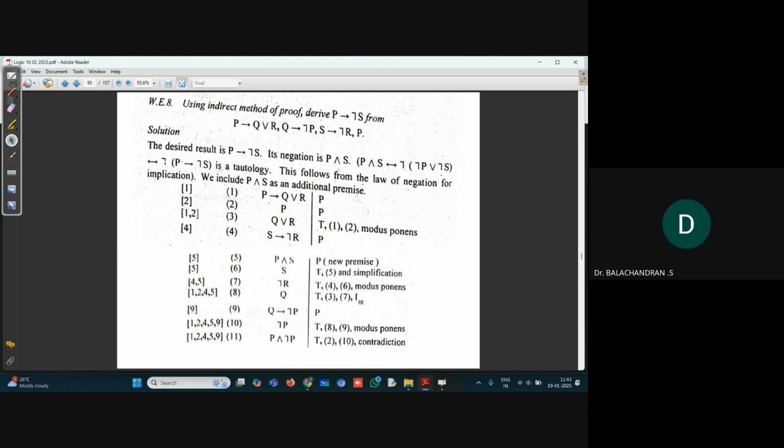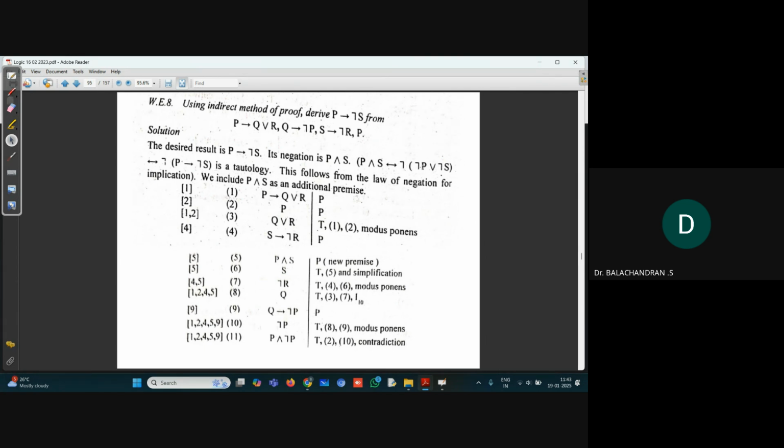Okay, now I'll start from here. So look at here carefully. The negation of the conclusion. Conclusion is what? P → ¬S. So P → ¬S is ¬P ∨ ¬S. Now from here to here, apply De Morgan's law.